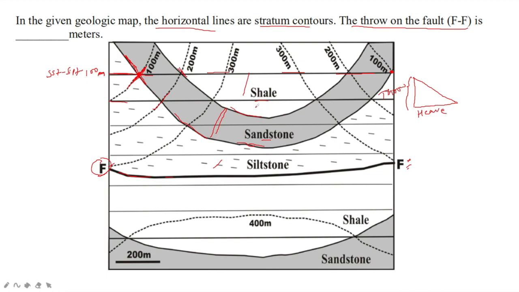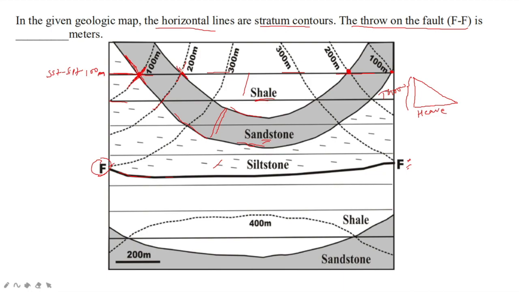If you see the bedding plane for shale and sandstone, you'll see that this 200-meter elevation contour is cutting the shale sandstone bedding plane at this point, and at this point also.